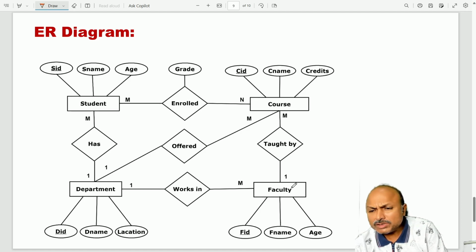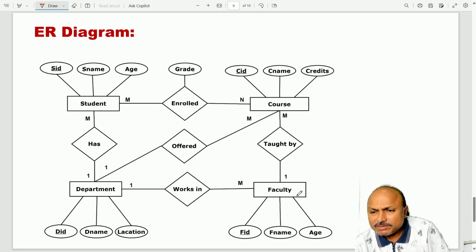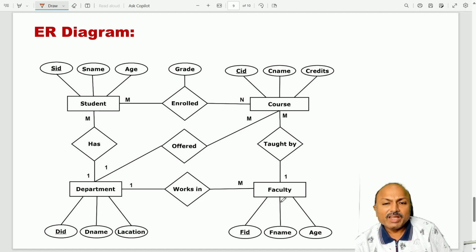One faculty is going to teach not a single subject but more than one, 2 or 3 subjects. So many courses are taught by one faculty, and this is one to many. And another one is that one department offers many courses, so department offers courses, and this is one to many.